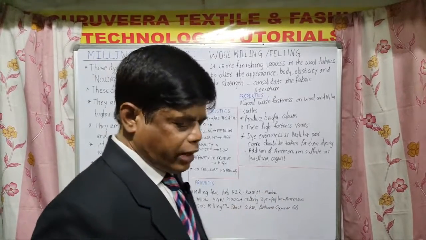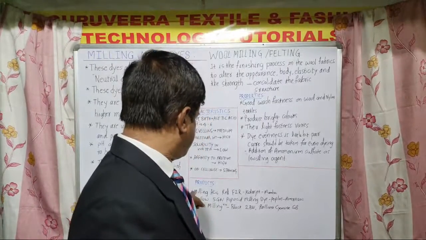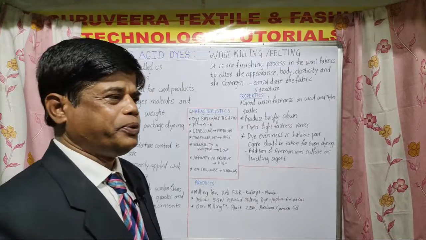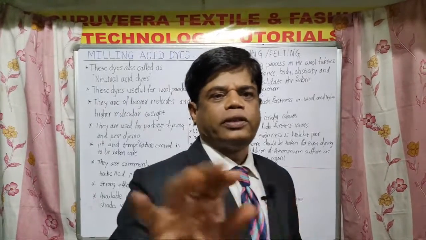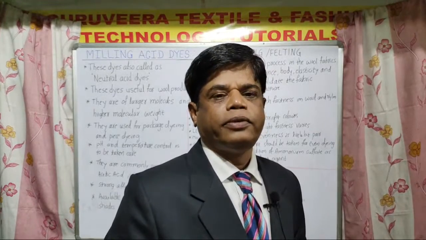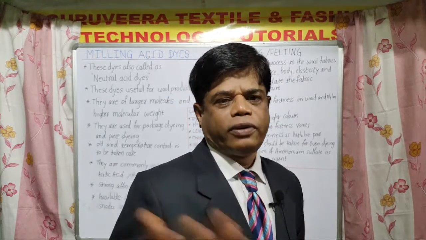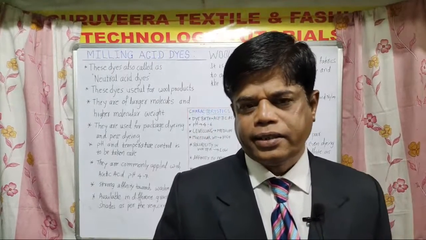Okay, friends, now the last point, that is the commercial side. Instead of explaining here, do a Google search for milling acid dyes and you will come to know the trade names and manufacturers' names. If you are watching from any country, you can find who the manufacturers are in your country.